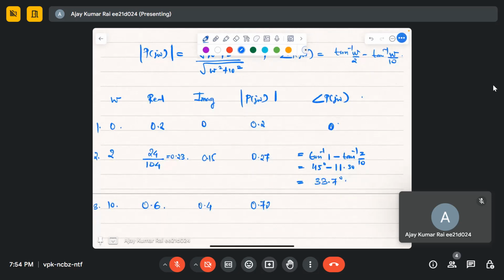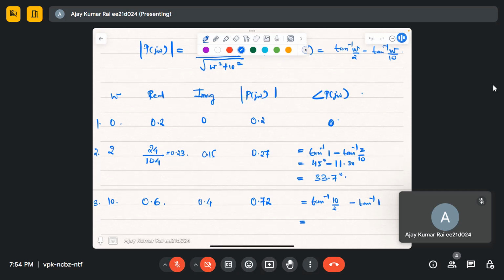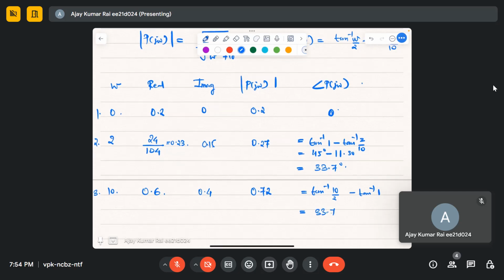Correct. Now, if you find the angle in this case, it is 10 by 2 minus tan inverse of 1, since omega is 10 and 10 by 10 is 1. You try to find this. The same, 33.7. Correct, you'll get 33.7, exactly the same.